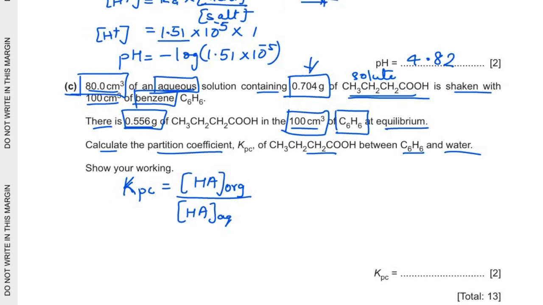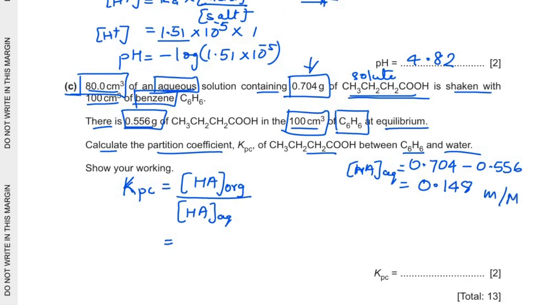So what is left over in the water, that is concentration of HA in water, is 0.704 minus 0.556, that is 0.148.